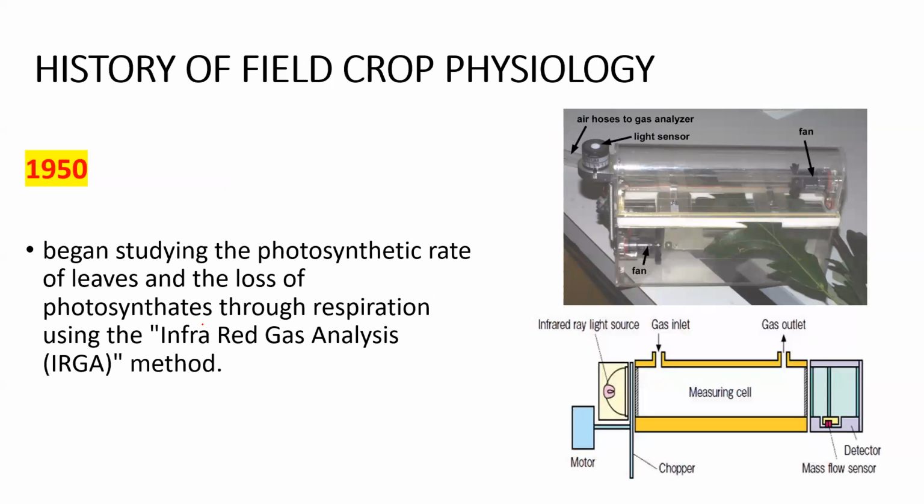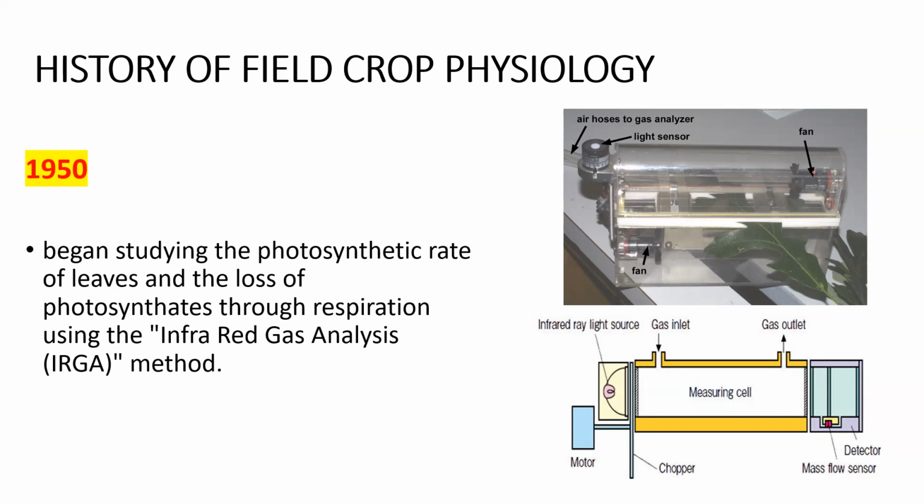Noong 1950, gumagamit na sila ng tinatawag na infrared gas analysis wherein ito yung isang sensor na kung saan dinedetermine niya kung ilan yung pumapasok at kung ilan yung lumalabas na photosynthesis doon sa isang plant natin.